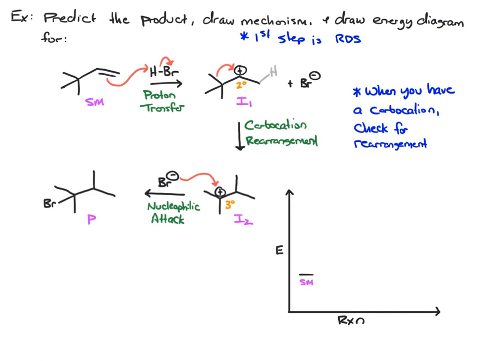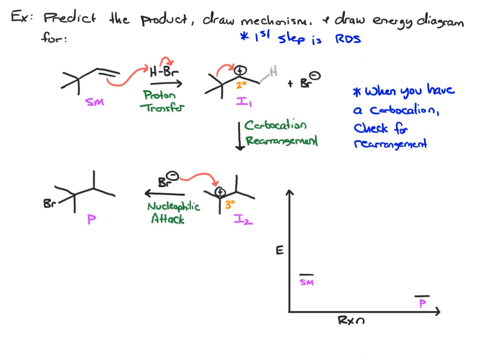Then we'll put in our product, and this reaction works. If the reaction works, the product's generally lower in energy than the starting material. So put it at the end of the reaction. I'll put it down here, lower than the starting material. Now we need to put our two intermediates on the coordinate.